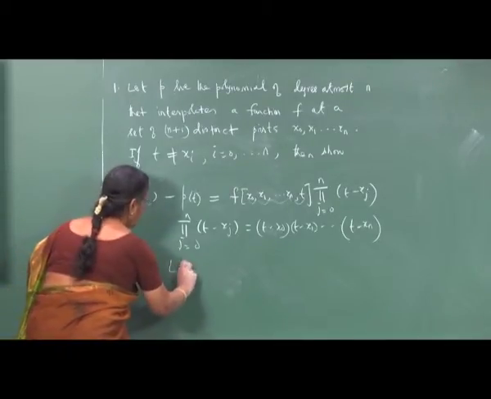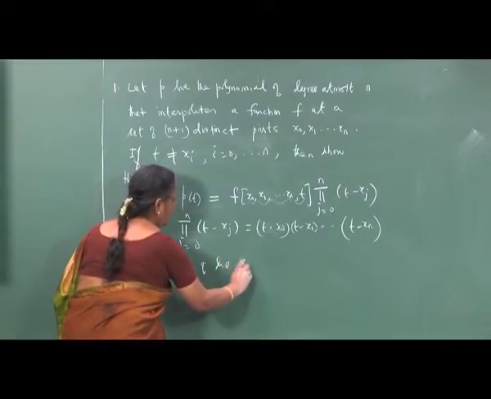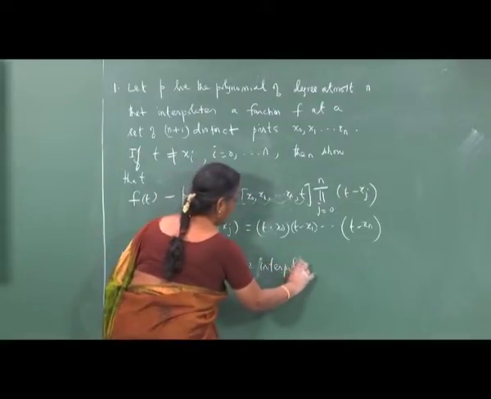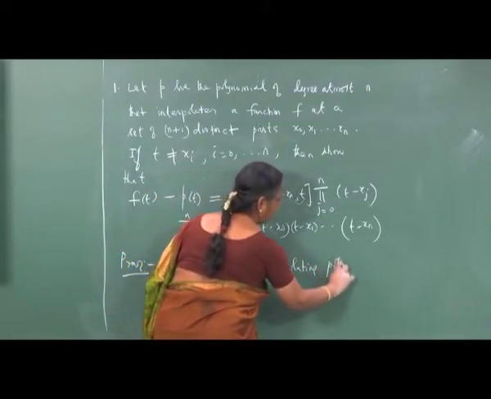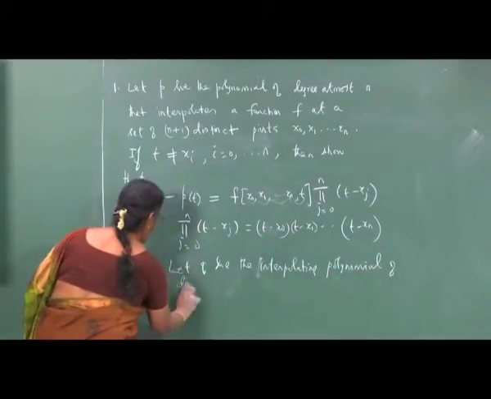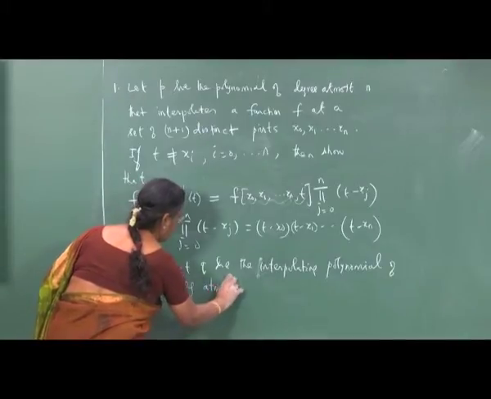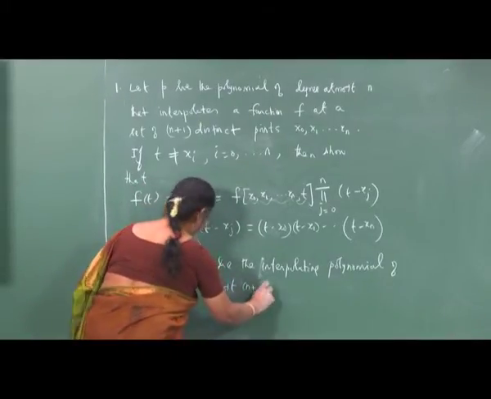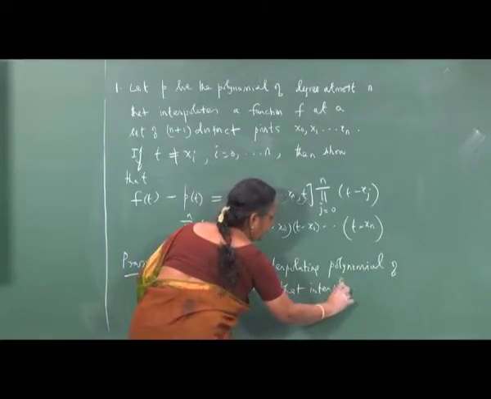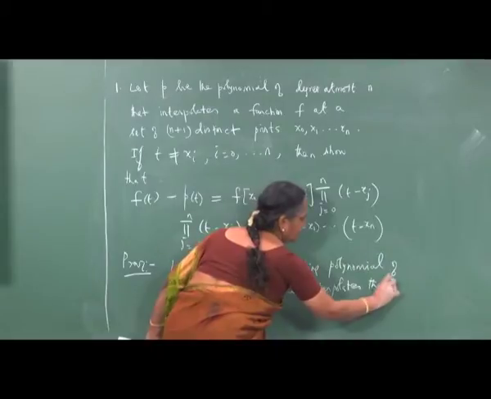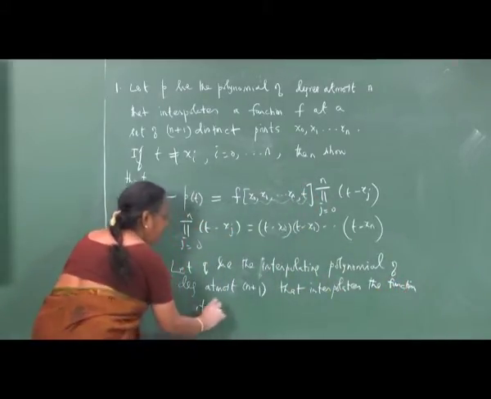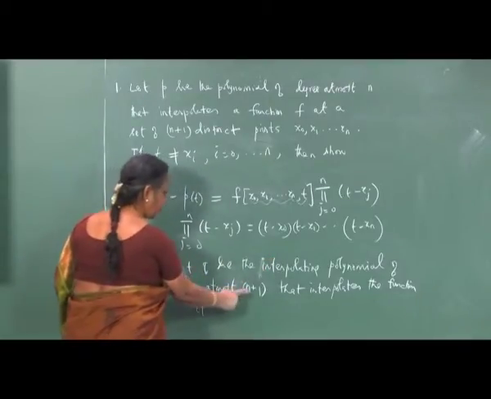So, let Q be the interpolating polynomial of degree at most n plus 1 that interpolates the function at, it is a polynomial of degree at most n plus 1.